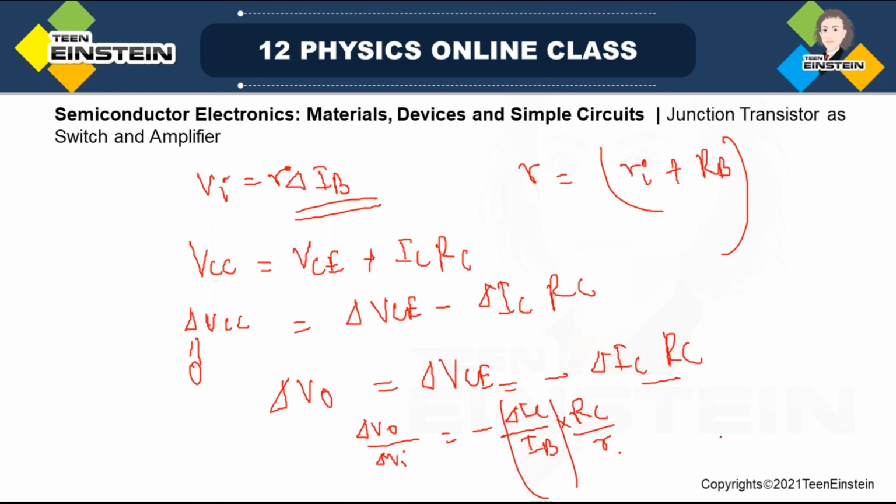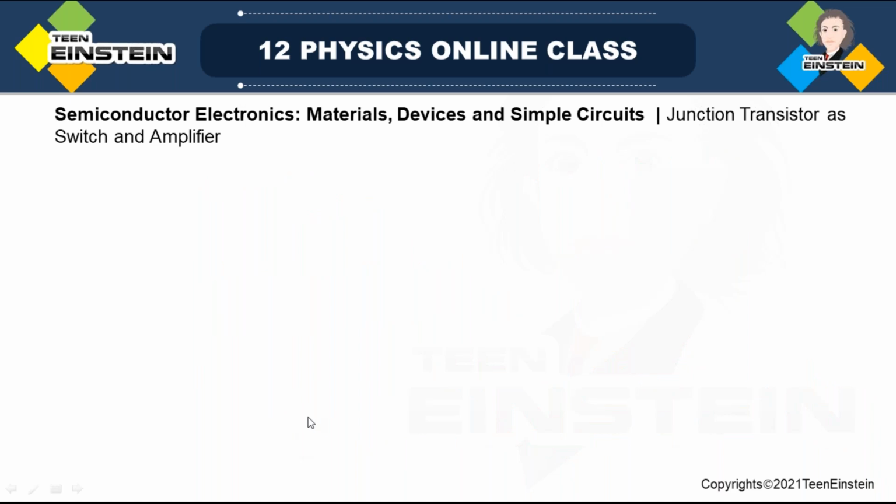This is beta AC, the small signal current gain, beta AC into RC by r. So from here you can see that you are getting voltage gain.